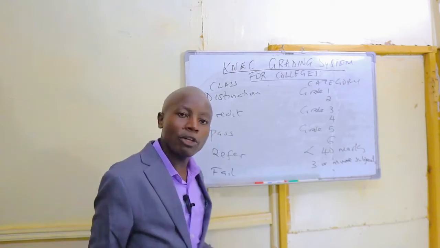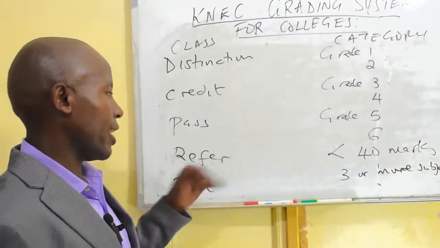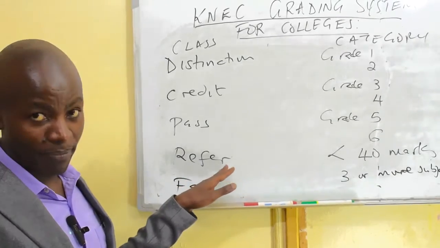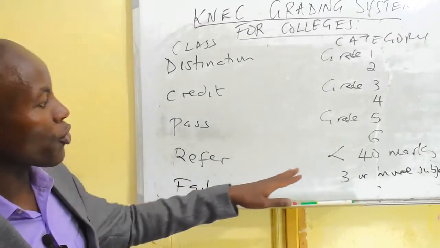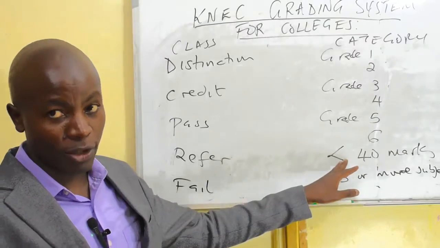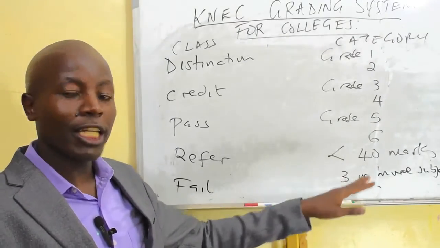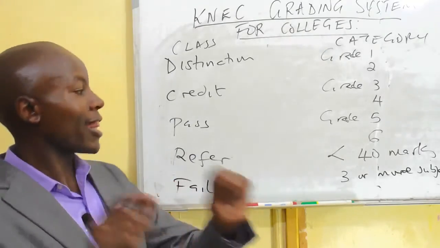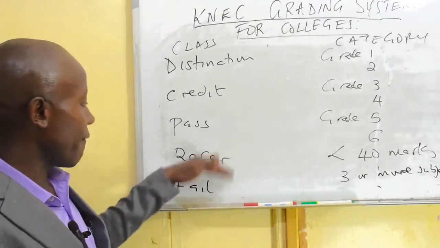So your paper will be showing that you failed. Your paper will be saying you got a refer if you score less than 40, that is your result slip, less than 40 in 1 or 2 subjects. If there are 3, the aggregate is fail.